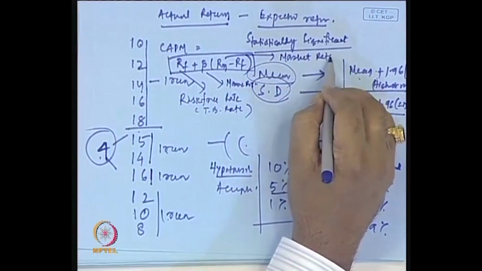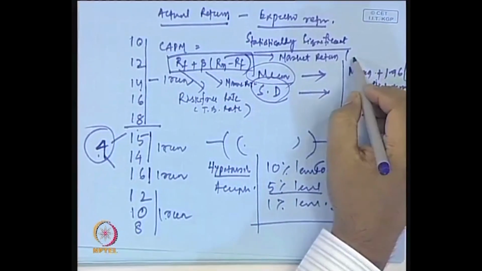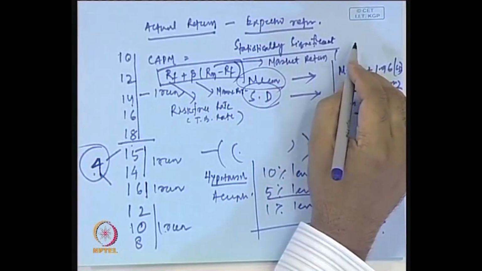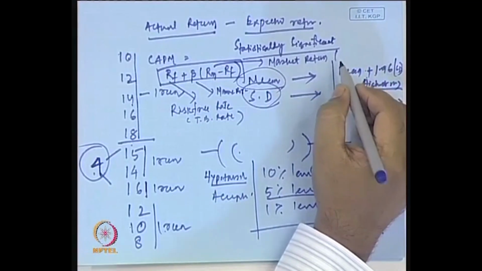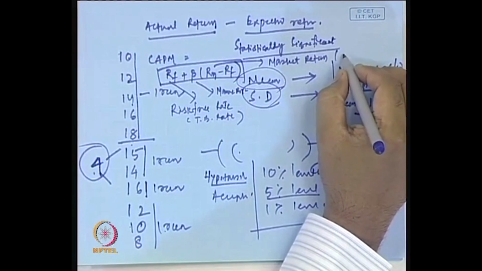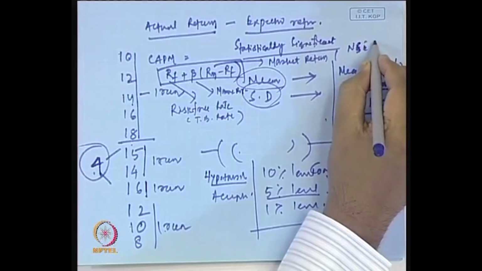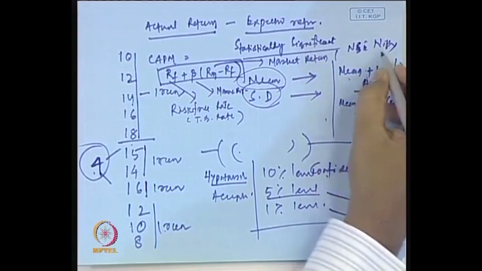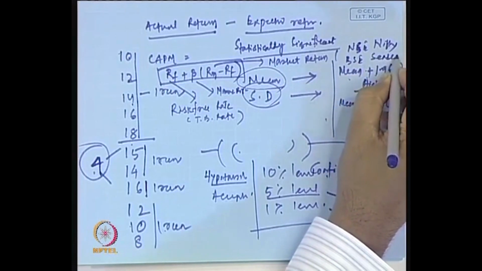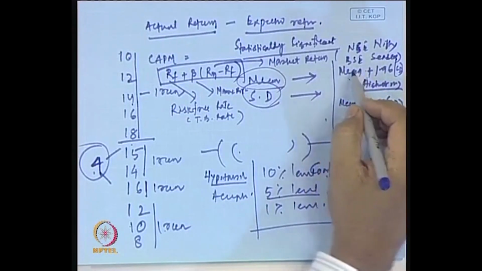In the context of India, this is the BSE Sensex or NSE Nifty, which are generally called the market portfolio. The return we get from those indices we call the market return, with NSE Nifty or BSE Sensex as the proxy for the market portfolio.